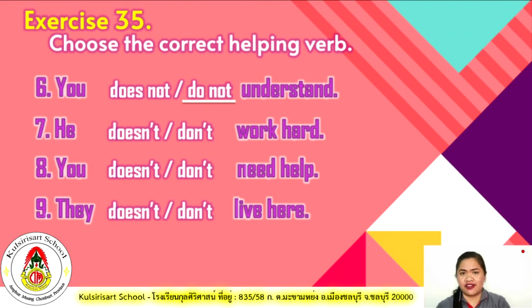Singular or plural? Okay, very good. It is singular. So, since it is singular, we are going to use the helping verb does. And in contracted form, it will become doesn't. So, he doesn't work hard.